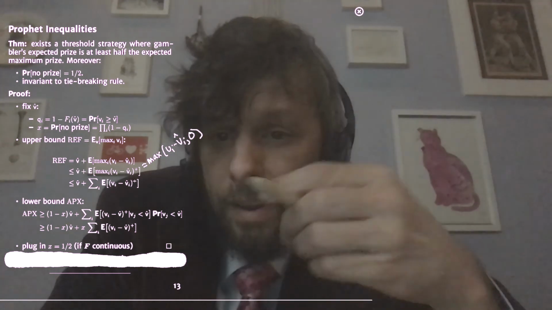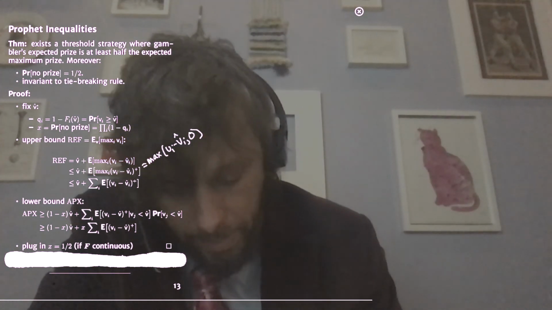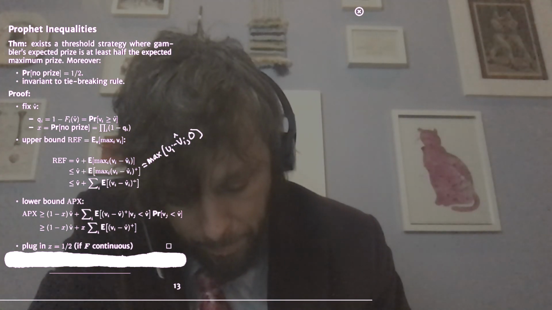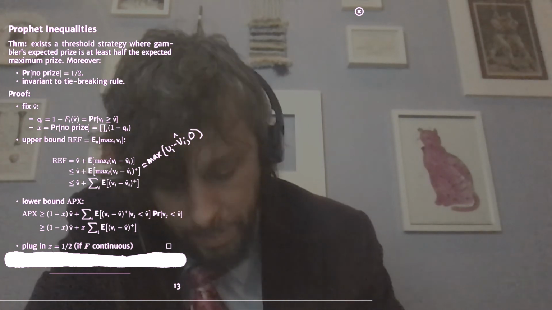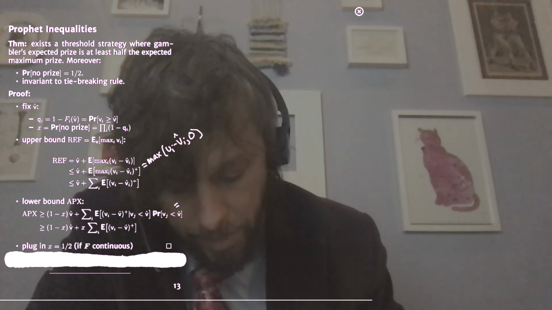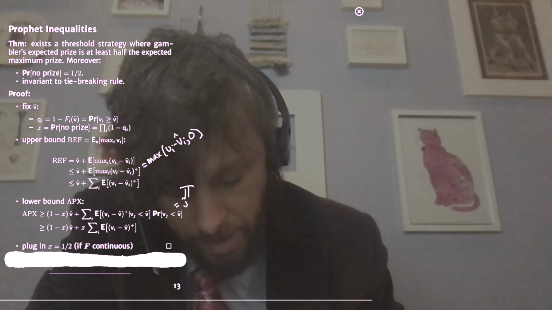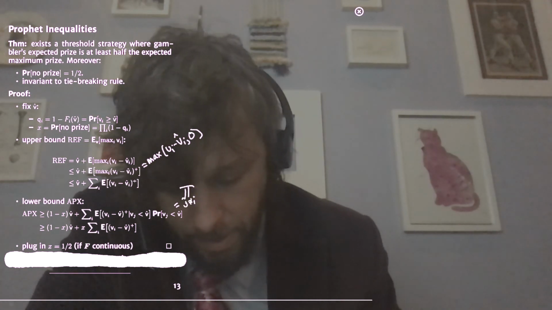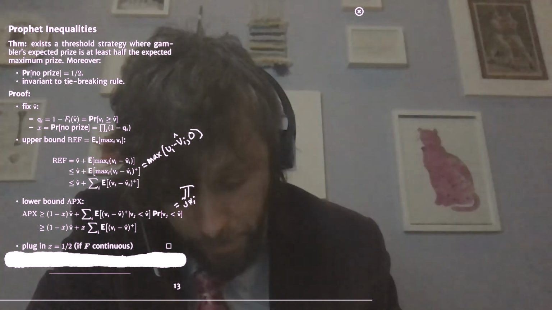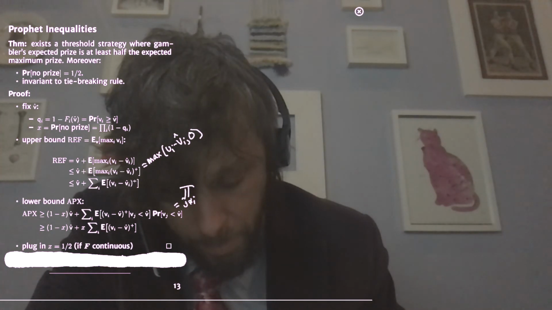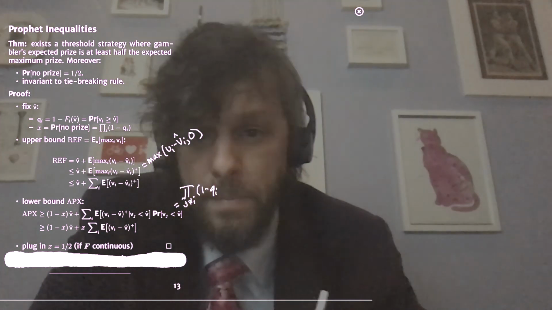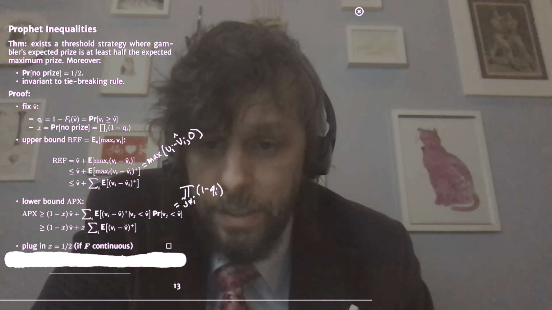Now to analyze this a little bit, this probability that all other prizes are below the threshold is just the product over j not equal to i of the probability they're below the threshold, so that's 1 minus qj.